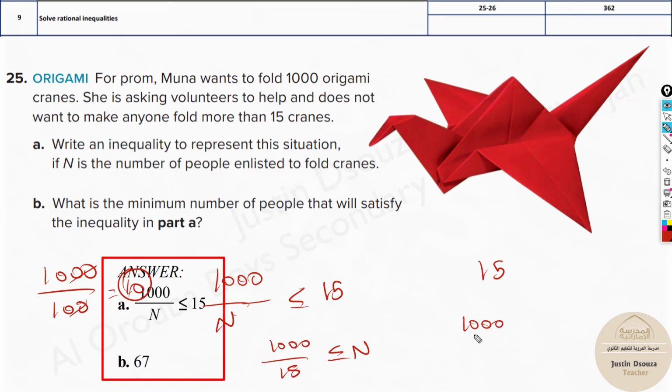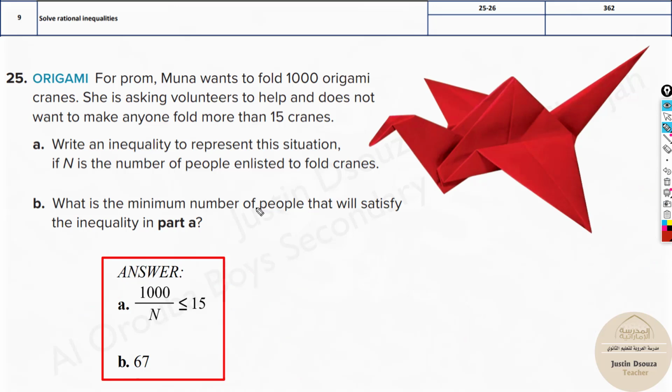Here 1,000 divided by 15 is approximately 67, less than or equal to n. So n, the number of people, must be greater than or equal to 67. This is the least number. So 67 is the minimum number of people, but if you have more than 67, it's fine. But since they have asked for the least number, the minimum number to satisfy this inequality, it will be 67.